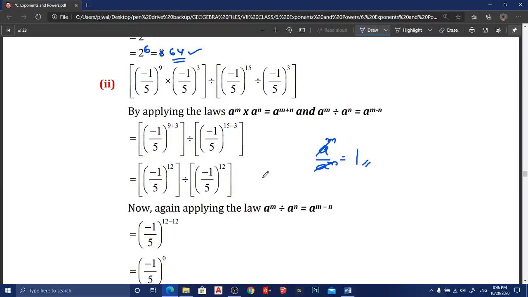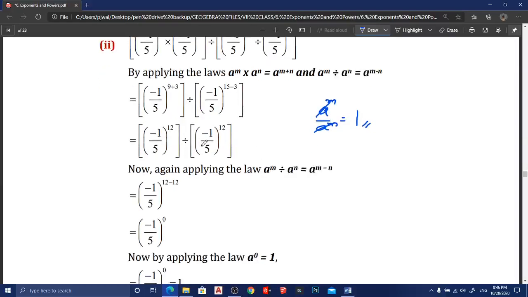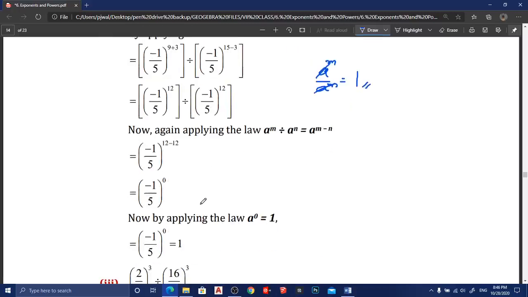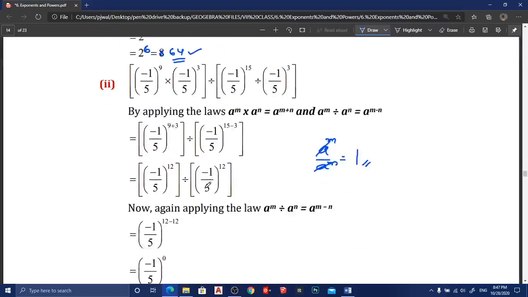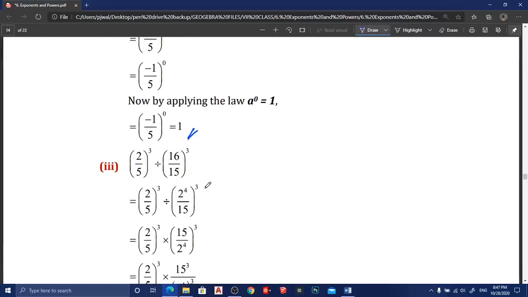But by applying this second formula again, a to the power of m divided by a to the power of n is equal to a to the power of m minus n. So (minus 1 by 5) to the power of 12 minus 12. 12 minus 12 is nothing but 0. Now you know the formula, which is anything to the power of 0 is 1. Okay, so (minus 1 by 5) to the power of 0 is 1. Okay, so this is the problem. Very easy. Okay, next one.